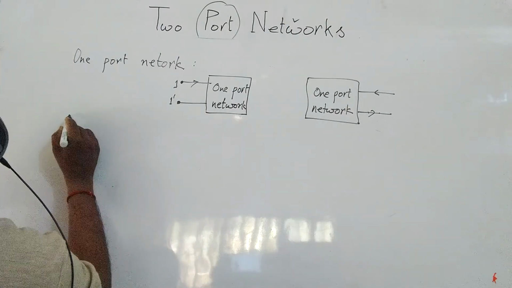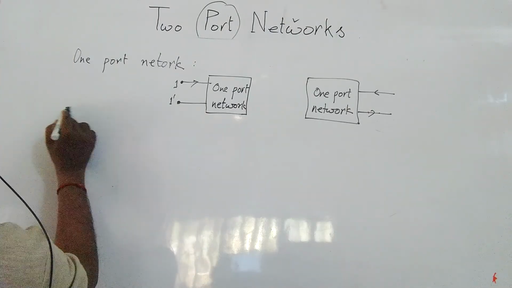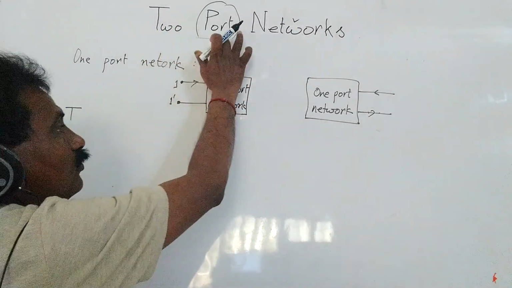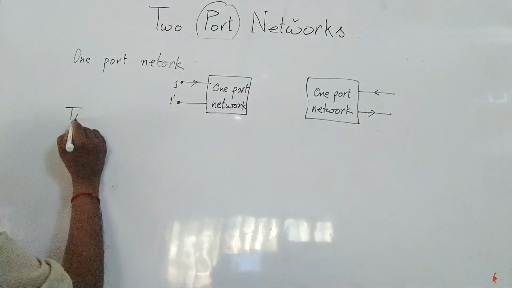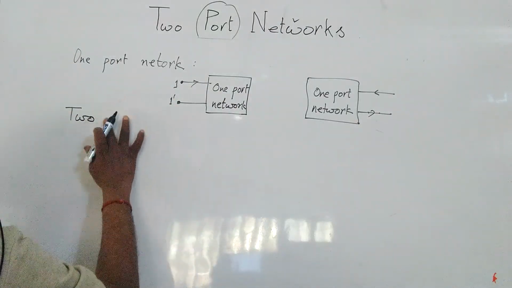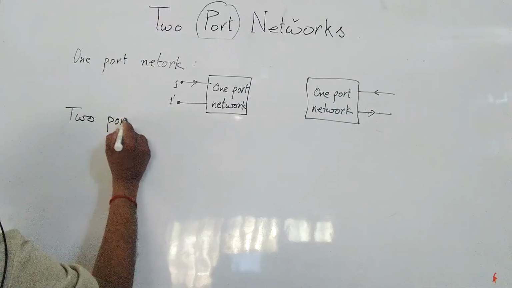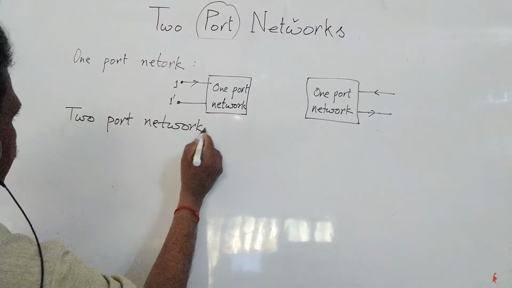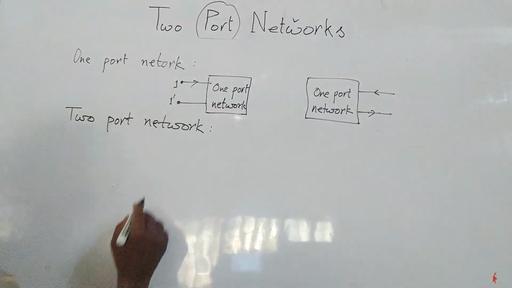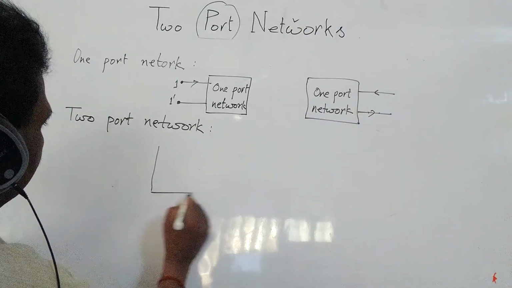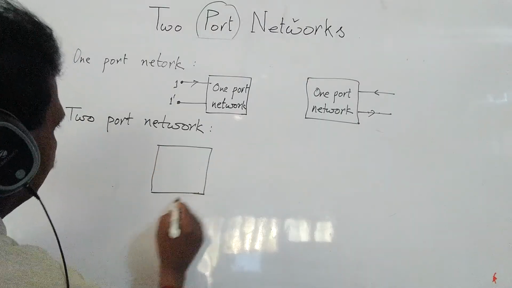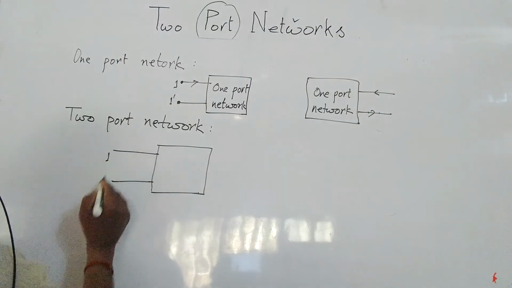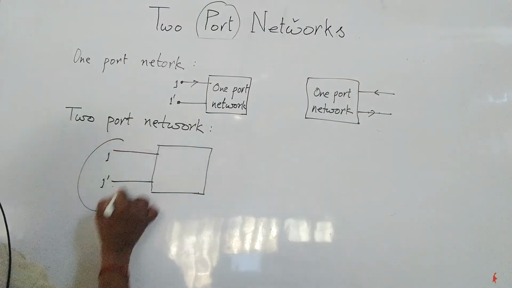Now come to two port. Our aim is to have the idea of two port networks. Then what is a two port network? A two port network is actually a network having two separate ports. This one is one port, this one is one port.